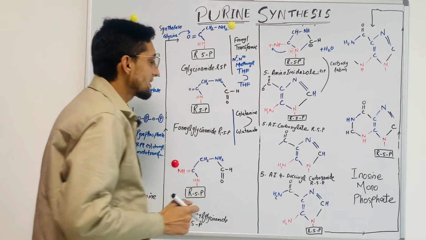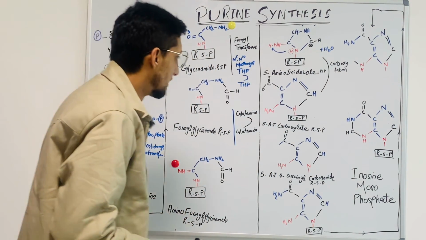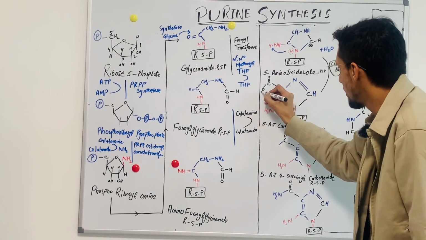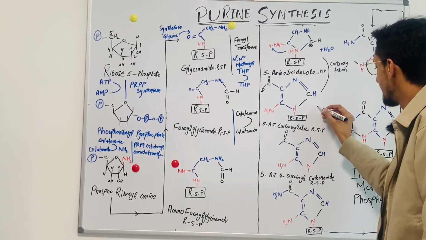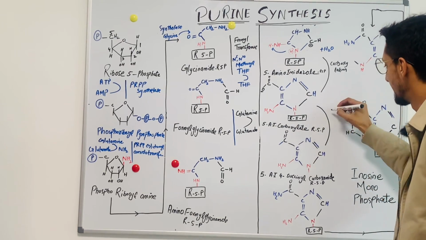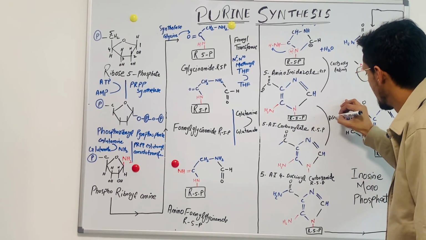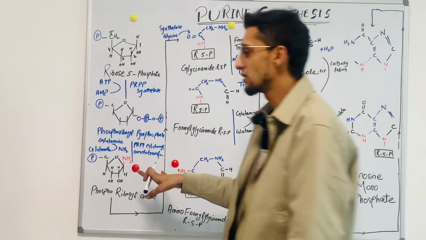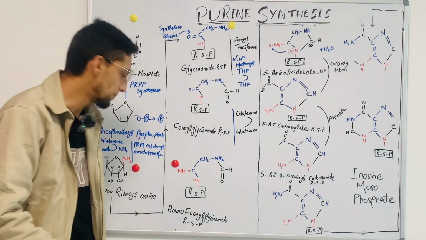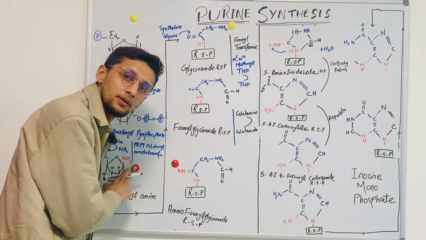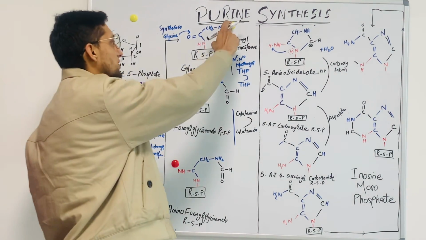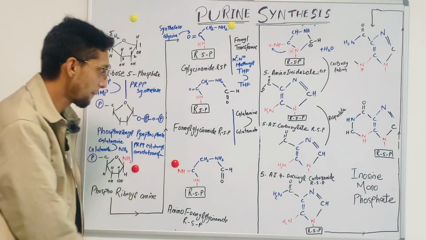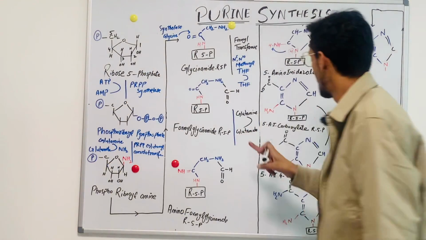What will happen in the next section? There comes another enzyme that will attach to this oxygen another amino acid, that is aspartate. Now you can check that 3 nitrogens are already attached to this molecule. The first nitrogen coming from glutamine, the second nitrogen coming from glycine, the third nitrogen also coming from glutamine, and the fourth nitrogen coming from aspartate.